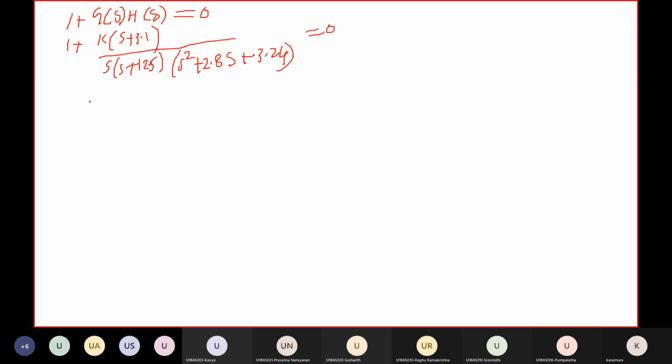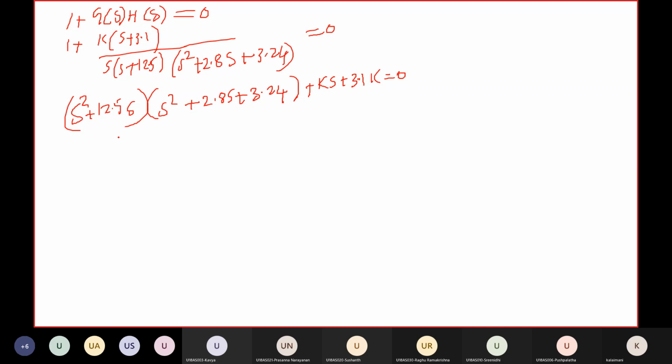And we cross multiply: (s plus 12.5) s into (s square plus 2.8 s plus 3.24) plus k s plus 3.1 k equal to 0. Then we cross multiply s square into s square, we get s power 4.